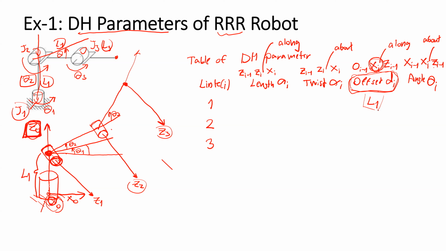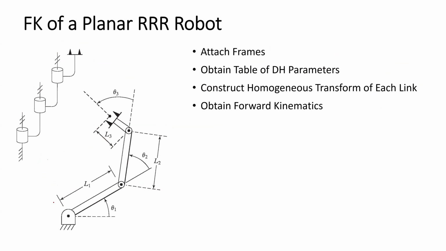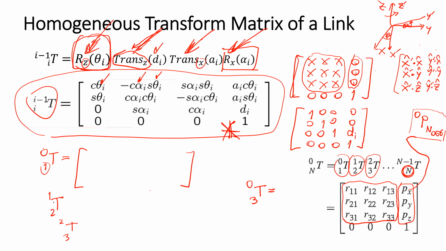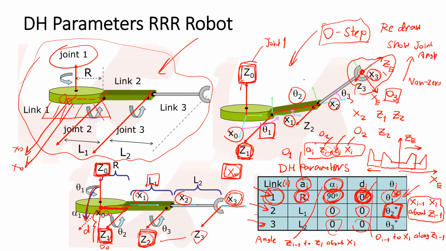But yeah, if you don't know, and if you decide to put the O0, the origin of frame 0, on the floor, you can do that, and we can continue. It does not conflict with the rule. You can put the origin of the base frame anywhere on the Z0, but it is better to put it somewhere that the offset parameter becomes 0.